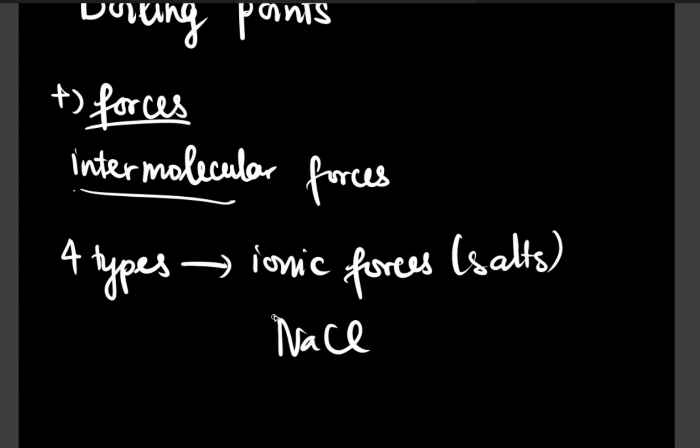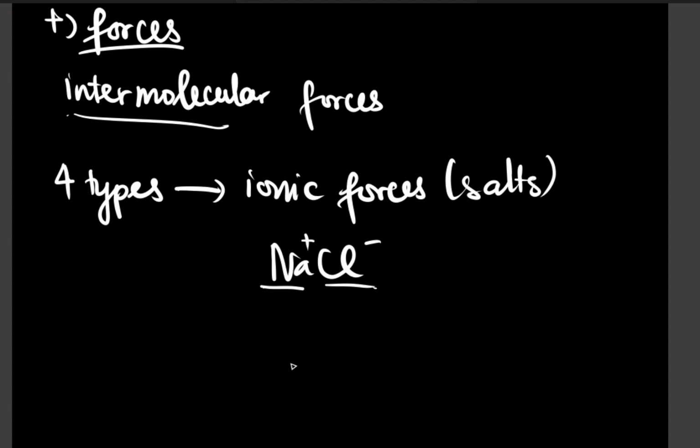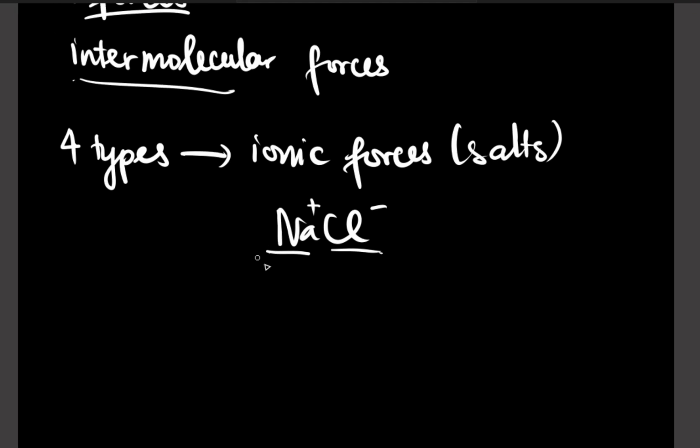You can see that the sodium ion is a cation, right? It has a positive charge, and the chloride ion has a negative charge, and these ions are attracted together by an ionic force, which is basically an electrostatic force.